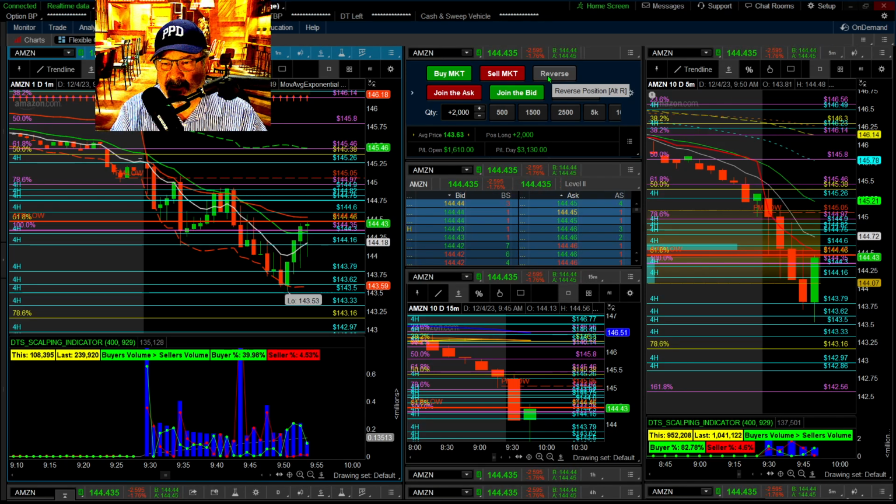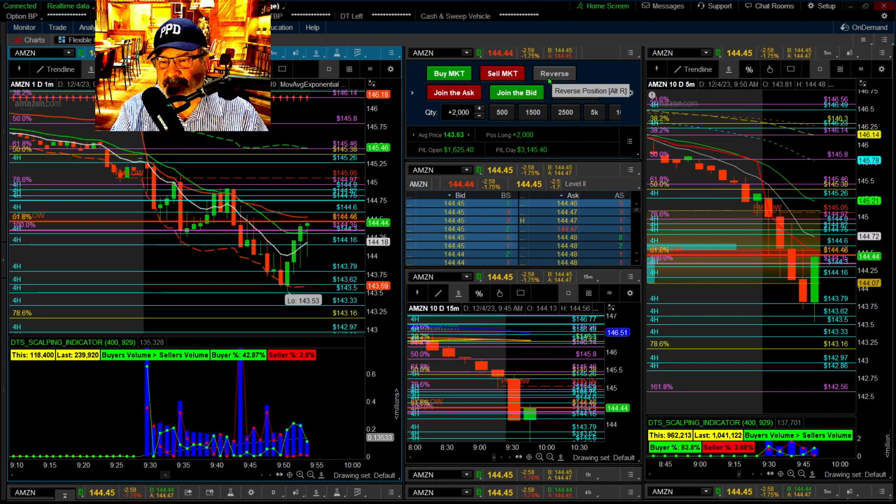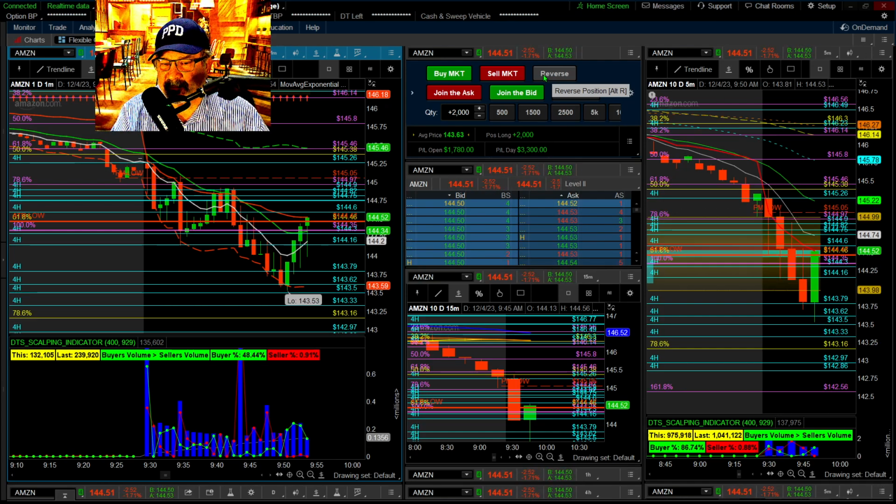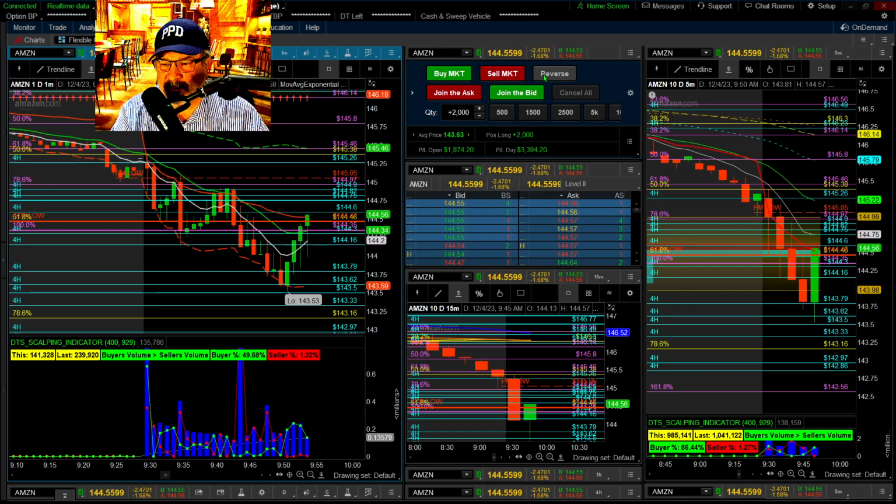This is a lot of money to leave on the table. You don't want to ride this down. Hitting the VWAP, that could stop it. Nope, it went right through.